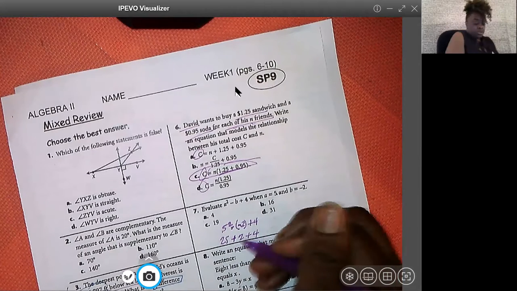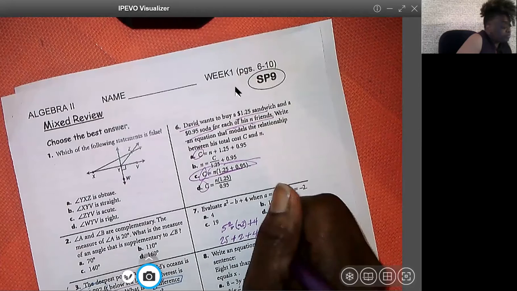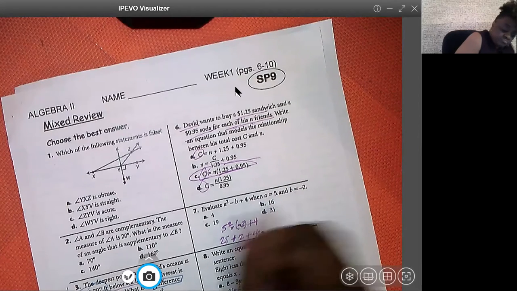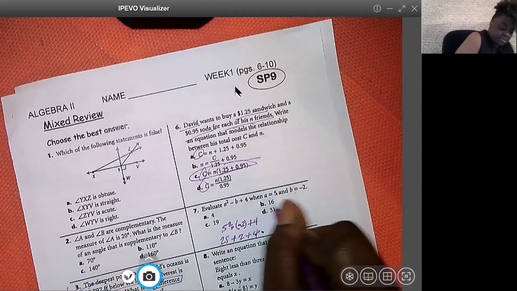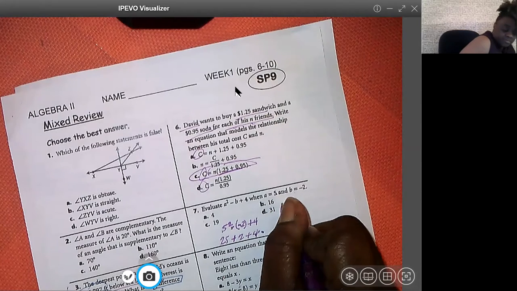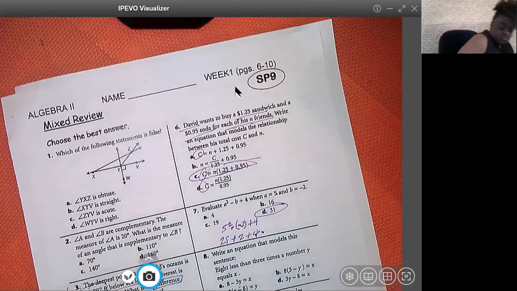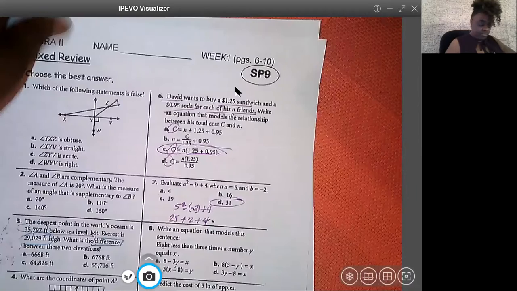So we have 25 plus 2 plus 4. So that leaves us with a total of 6. 25 plus 6 is 31. D. Okay, so that is it.